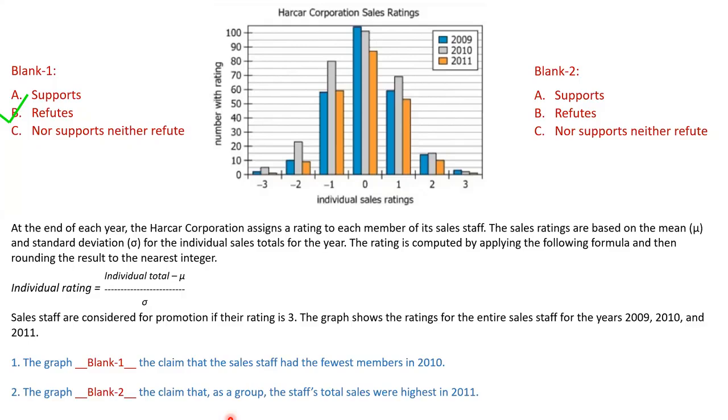See, the point, however, is this, for example, this mu and sigma, how is it calculated, Rohil? Notice mean and standard deviation for the year. So this is not across the years.